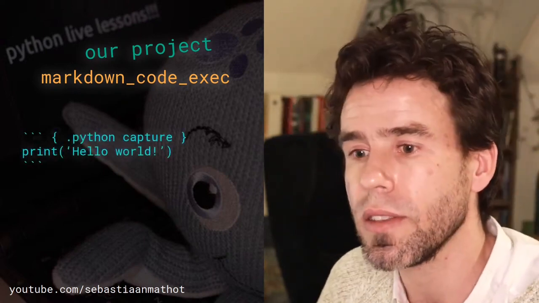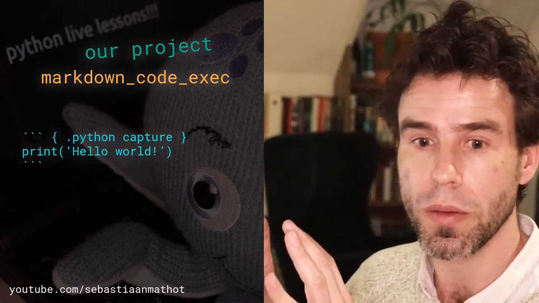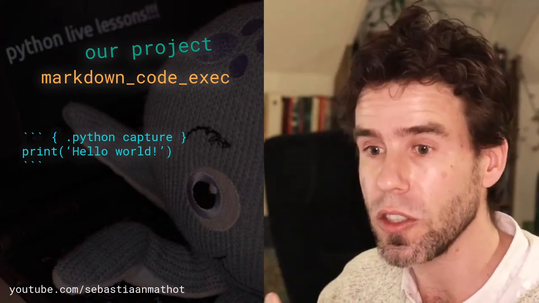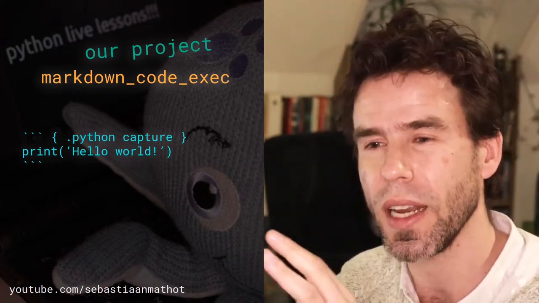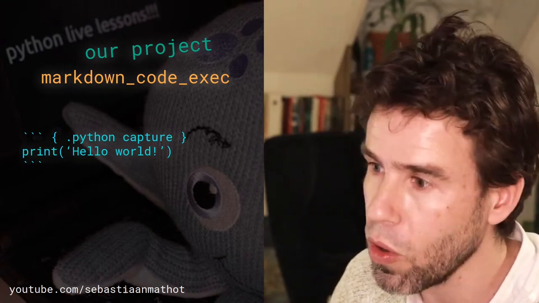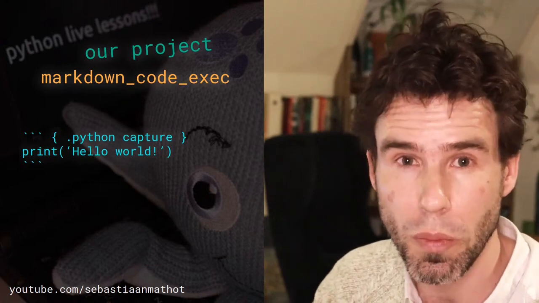So the idea is that this program that we'll create will parse Markdown text. So text like this. I hope you're familiar with the Markdown format. Markdown is just a plain text file, and you can add text to it, you can add figures or links to figures, and you can also add code to Markdown. What you're seeing here is a Markdown style code block. The 3 backticks indicate that the code block starts. Then you have some attributes indicating that it is a Python piece of code and that we want to capture the output.